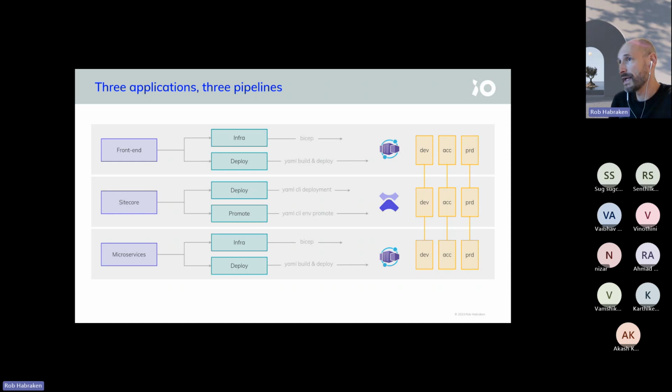And we use a deployment process to deploy using the CLI scripts, embedded in our deployment scripts. And then we use promote if we want to promote it from development to acceptance. And I'll show you what that means in a bit. And then for microservices, it's actually exactly the same as the front end in setup.